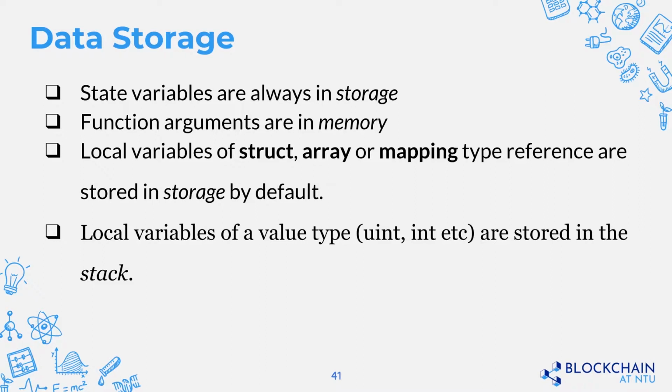But I thought the parameters are also in memory. They will be pushed into memory if you use them. But whenever you call a function, you're doing a transaction, and you're providing the parameters. So you are stacking those parameters onto the stack, and when the EVM is executing it, you are popping those parameters out of the stack into your memory. Right.